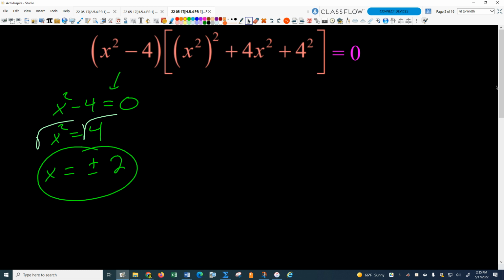So instead of getting x squared plus 4x plus 16, I've got x squared squared plus 4x squared plus 16. So if I were to use the quadratic formula here, what I'm really solving for are x squareds instead of x's, because those are the things that are showing up being multiplied by a and by b and c, right? Everybody get that?